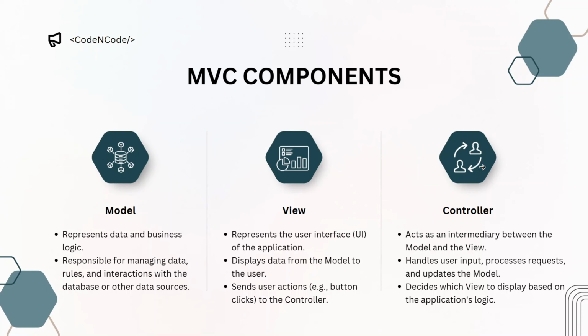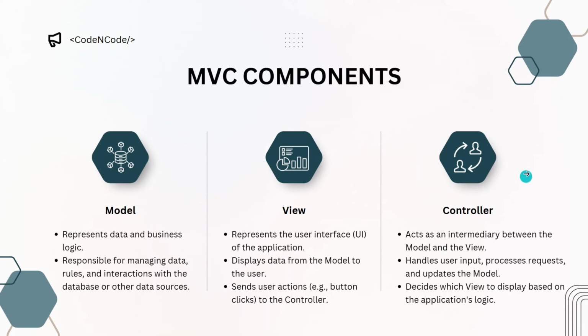Controller then passes the request on to the appropriate function in the model, and then the model prepares the data and sends it back to the controller, and the controller sends the data back to the view, right? So this is how the interaction goes between these three components. These two don't talk to each other directly, and the controller is the one which does the job of passing on the message to and from the view and the model.